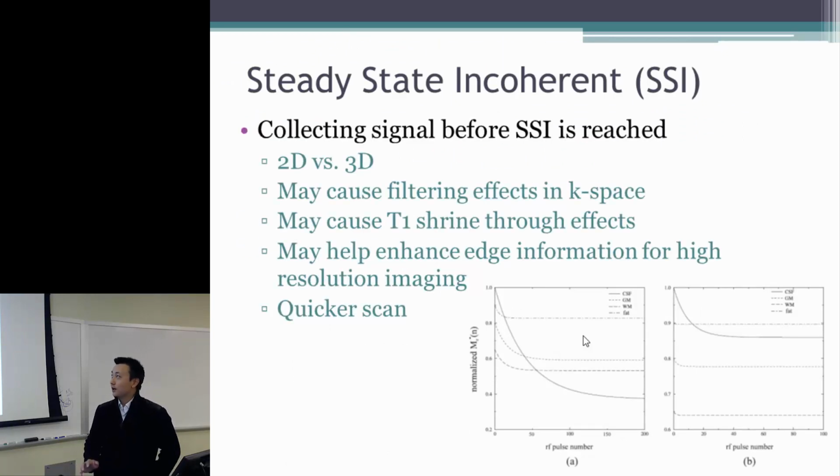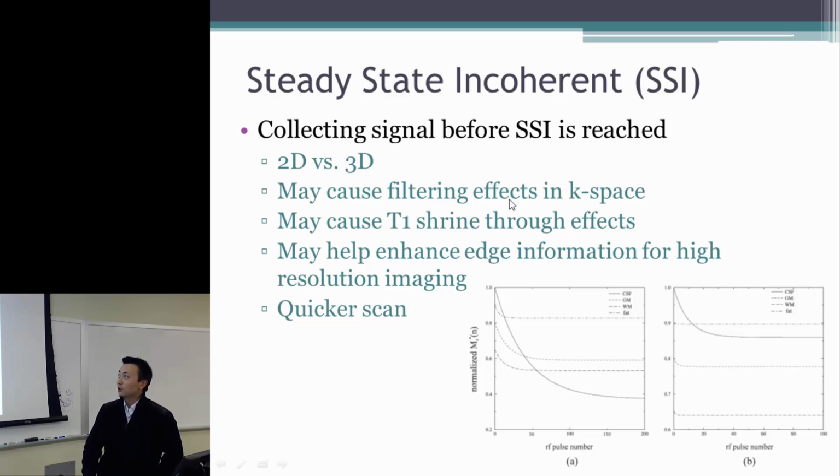Okay, so this is still a little bit long, right? 1.2 seconds or 4 seconds. So we need a couple of seconds to practically wait until the brain tissue signal reaches the steady state.